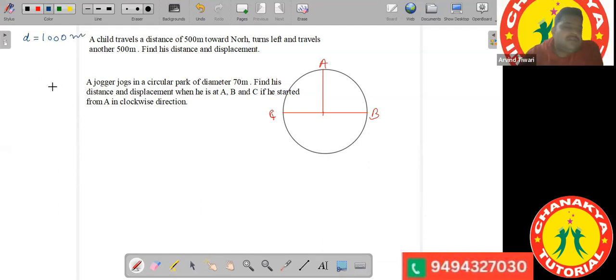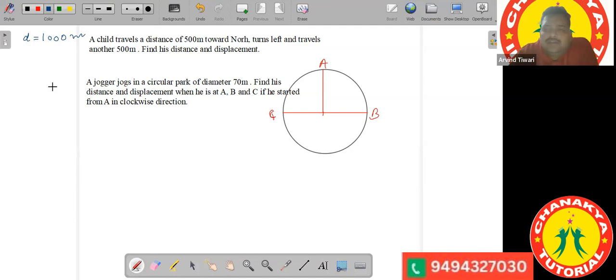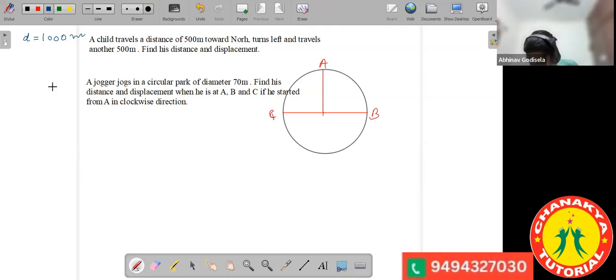Abhinav, what are you getting as the distance? The distance is 1000 meters. Displacement, sir, I'm stuck with displacement. It's not a perfect square. So what is the displacement you are getting?